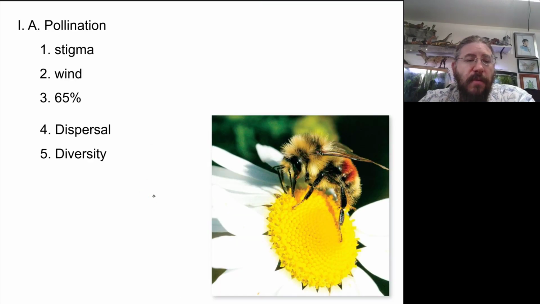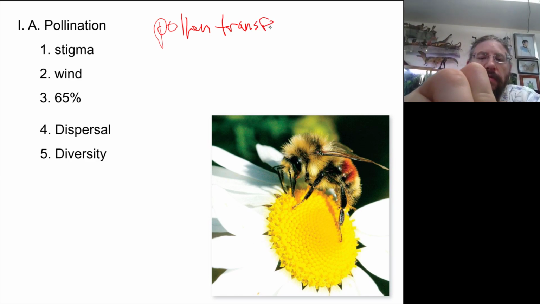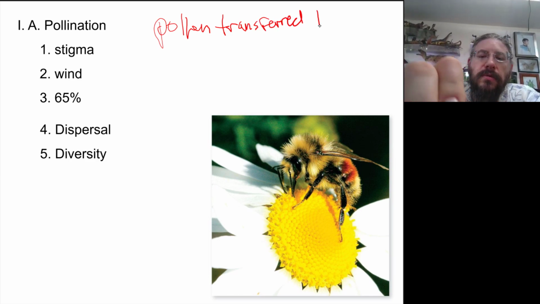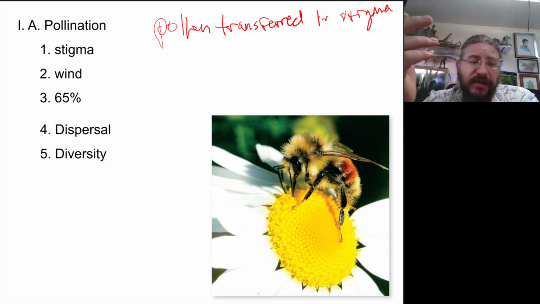First off, pollination as a term simply means pollen transferred to a stigma. In some of those earliest seed plants, pollen was wind transferred, as just mentioned with gymnosperms.